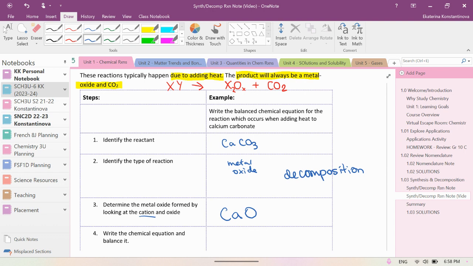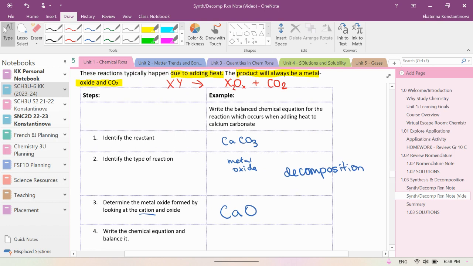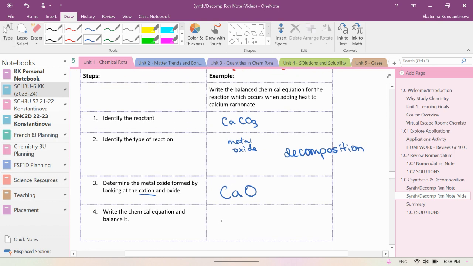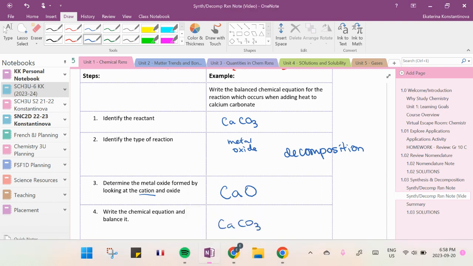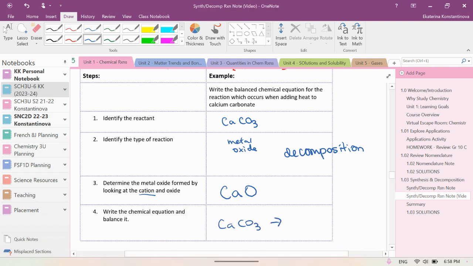So that is going to be our metallic oxide as one of the products. The other product is carbon dioxide. So now I have calcium carbonate decomposing into our metallic oxide, which in this case is calcium oxide, plus carbon dioxide.